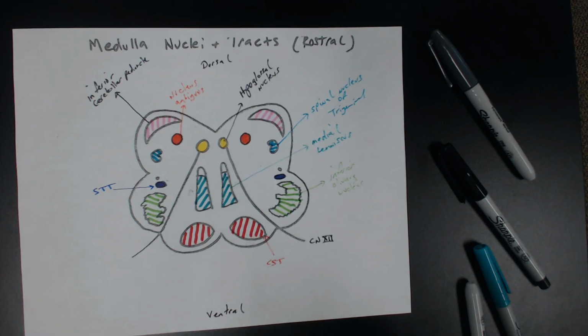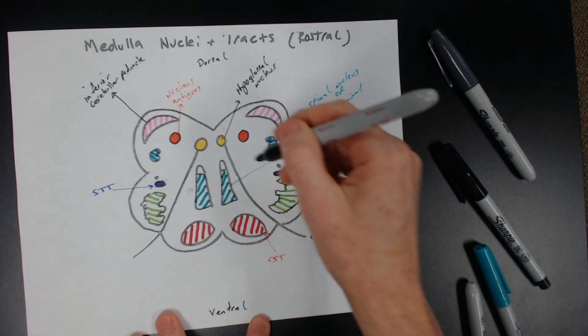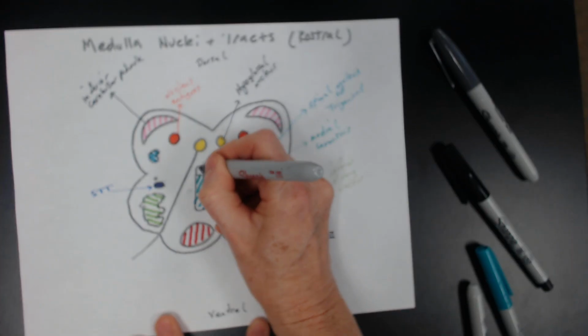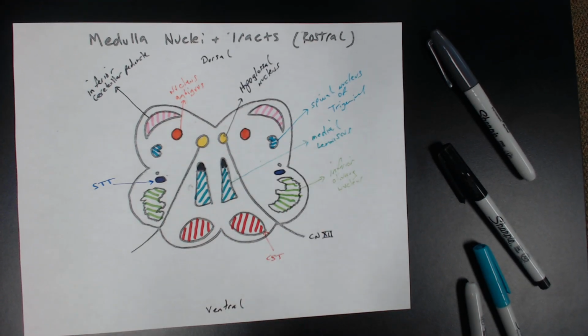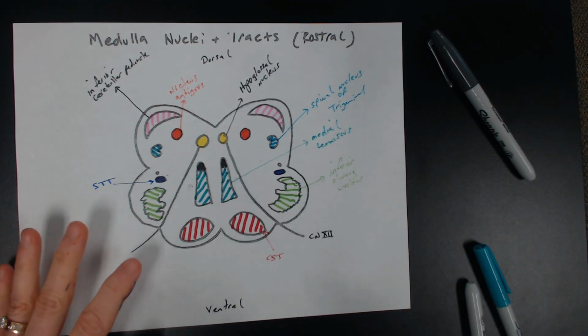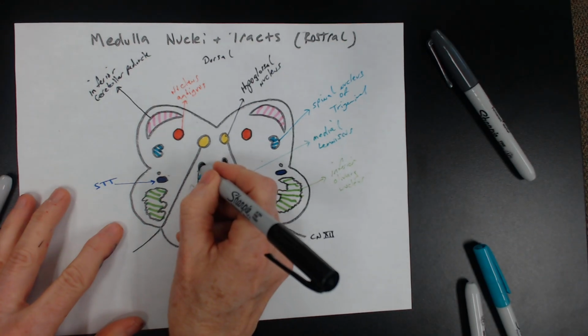And one is going to be associated in this drawing with the medial lemniscus. It's at the very tip of the medial lemniscus, and it also has medial in its name. It's known as the medial longitudinal fasciculus, and we'll talk about that when we get to the vestibular portion of the course.